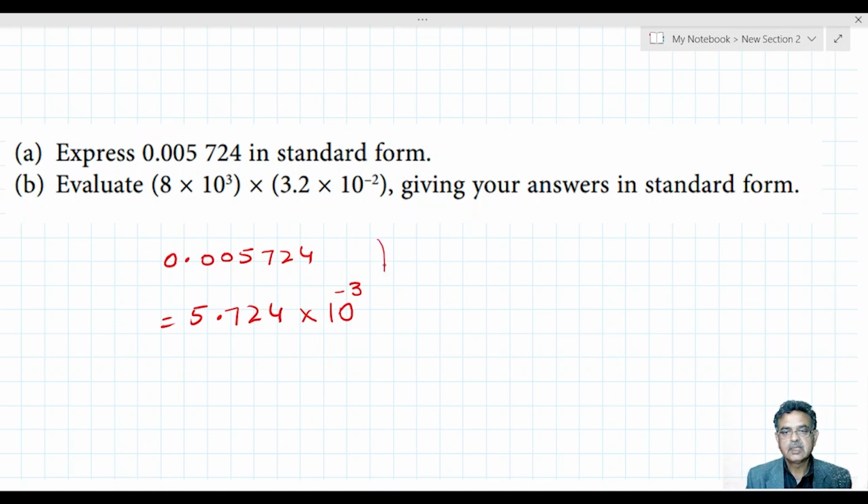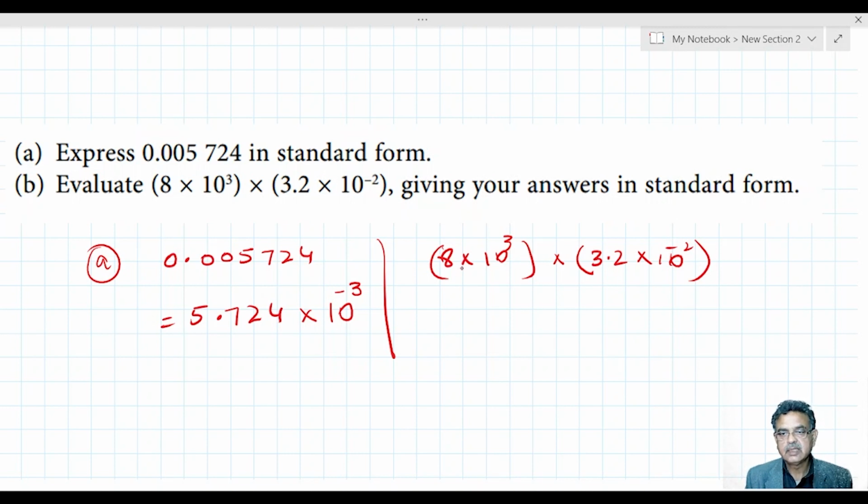Okay, the second part of this question is evaluate 8 multiplied by 10 power 3 and 3.2 into 10 power minus 2.